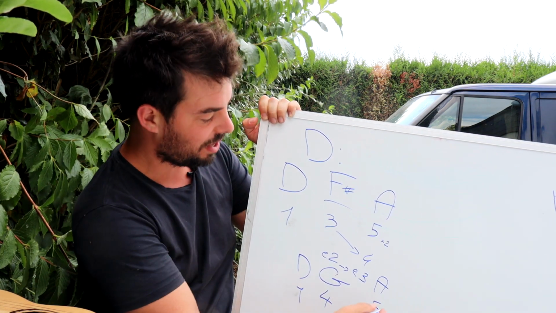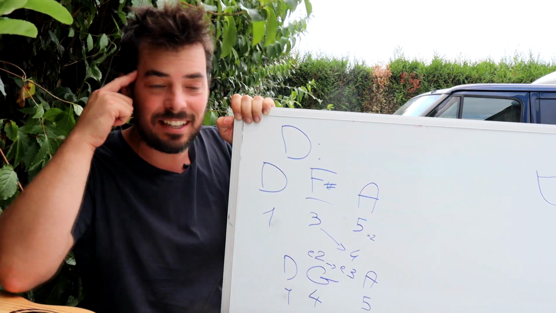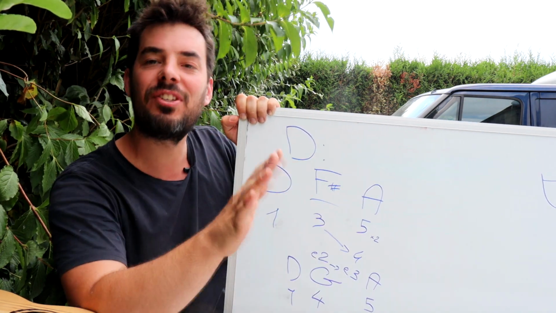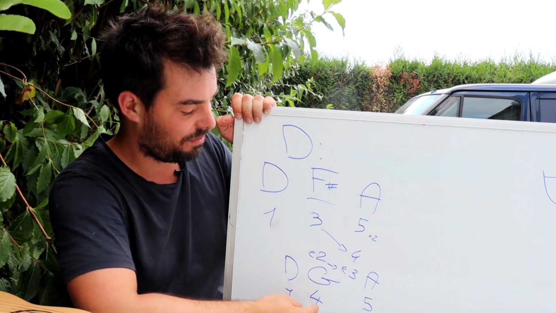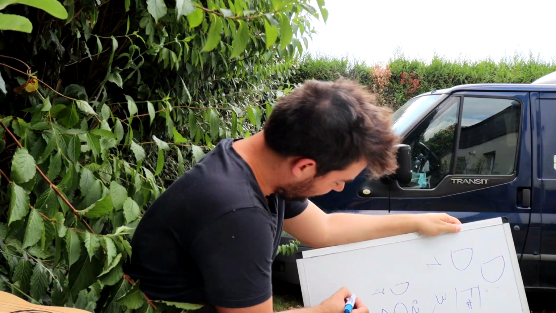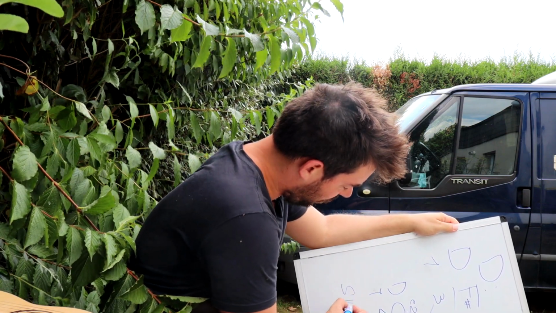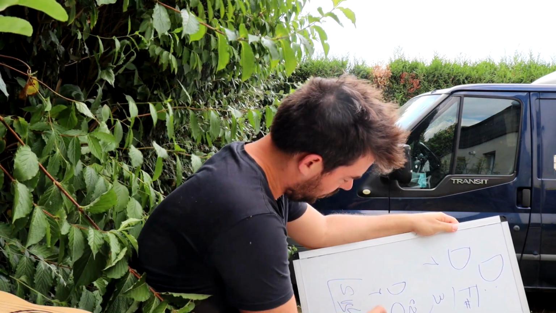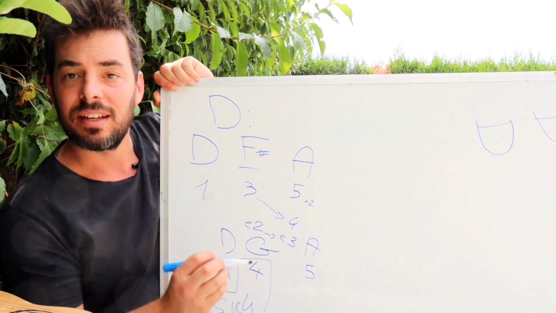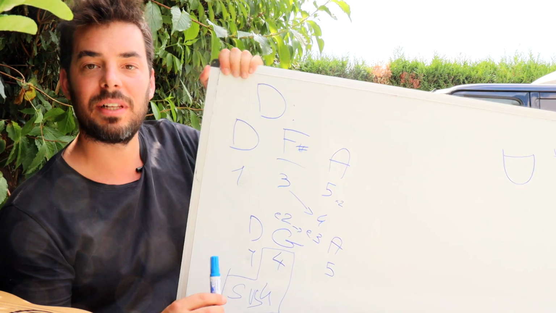So 1, 4, 5, we've suspended the existence of the 3rd, and momentarily we have a 4th, and that's what that is. That is your sus4 here.